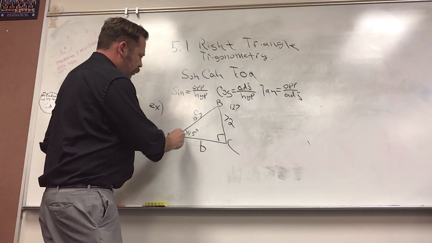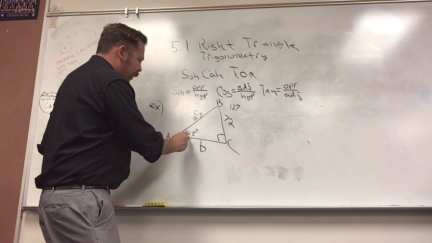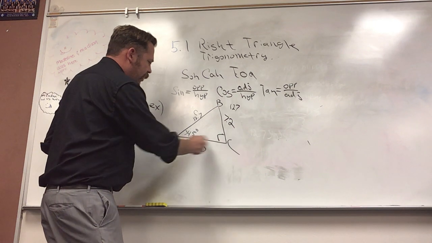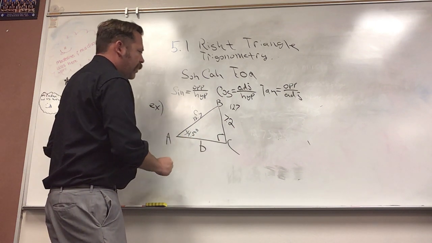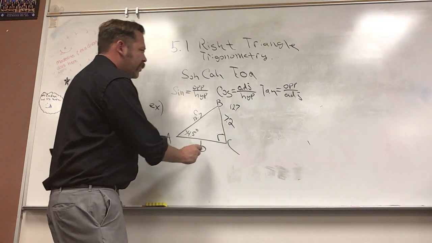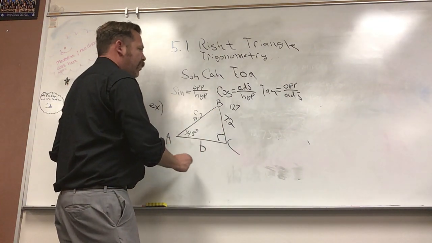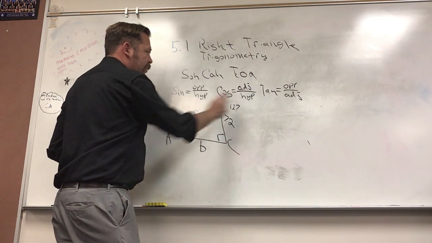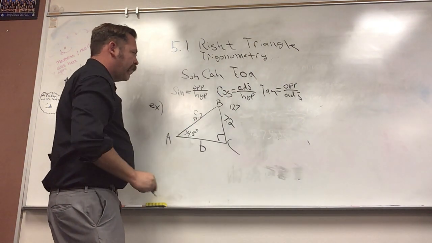So let's see here. I know this angle. b is the adjacent side. Let's use tangent just for fun. You could use tangent because tangent is equal to opposite over adjacent. We could use cosine. Cosine is equal to adjacent over hypotenuse. So let's use tangent just for fun.